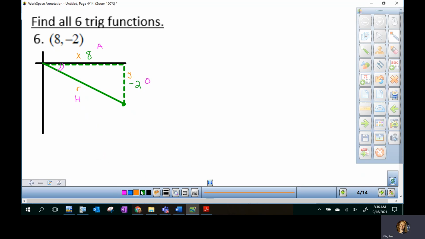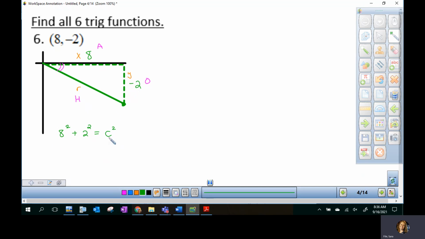Now, we are missing one of the 3 sides of the triangle, so we do have to do Pythagorean theorem. So the legs are what we know, so that's a squared and b squared. And I know I've said this, I'll say it again. Don't worry about a negative when we're doing Pythagorean theorem, because when we square it, it's going to come out positive anyway. So 2 squared and -2 squared, that's 4 no matter what.